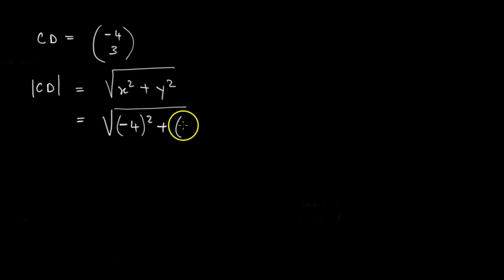Y is equal to 3. Saka tichati 3 squared. So this is equal to the square root again. What is minus 4 squared? So minus 4 squared zoreva kuti minus 4 times minus 4, which is a negative multiplying a negative. Kureva kuti we get a positive answer. And 4 times 4 is 16.